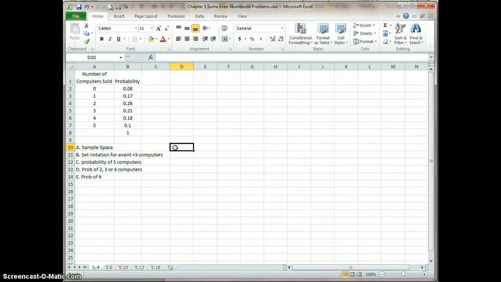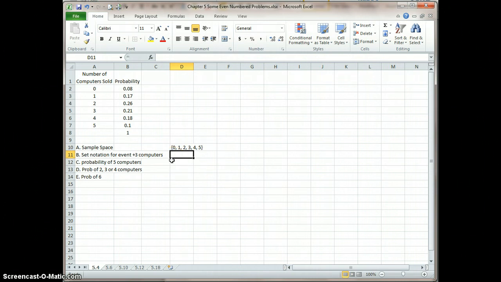In this case, we simply lay this out with the curly brackets and go 0, comma, 1, comma, 2, comma, 3, and so forth, and close that up. So there's the sample space. It's got to be 0, 1, 2, 3, 4, 5.